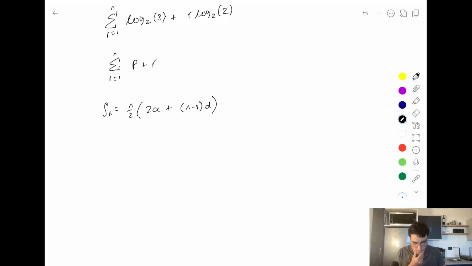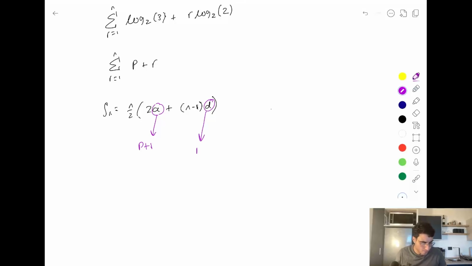So what does it tell me? Well, what is a? A represents U1, which is the first ever term, which is p plus 1. D represents the difference between each term, which is 1.